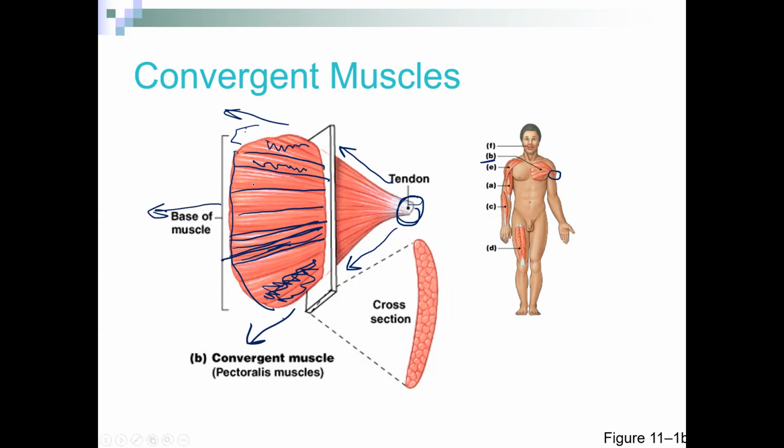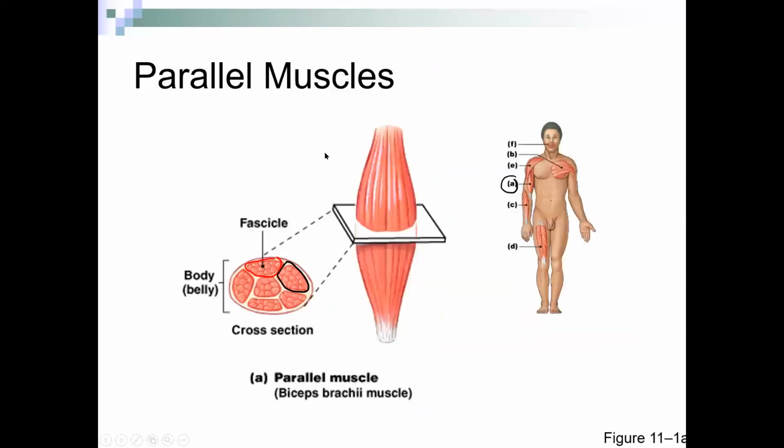That's the important part here. Whereas with parallel muscles, they can only pull in one direction because all of them are basically starting at the same point and ending at the same point, right? All right, we'll stop here.